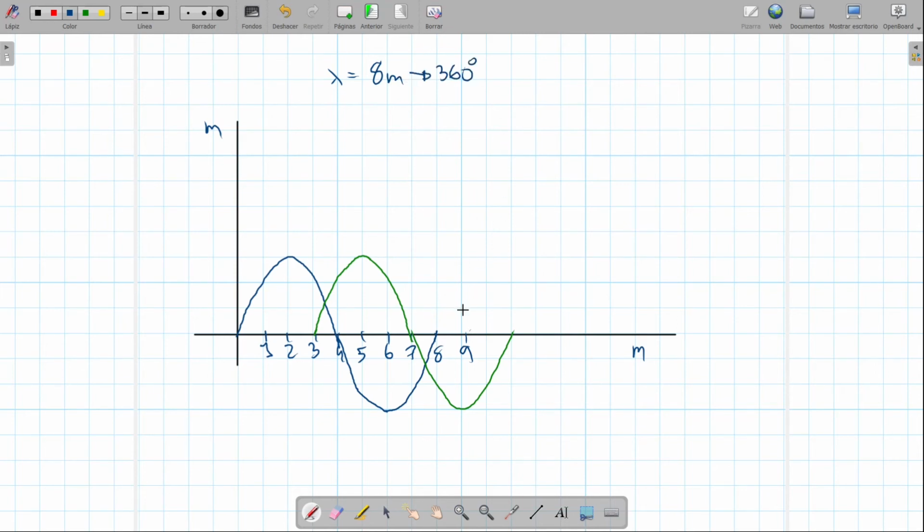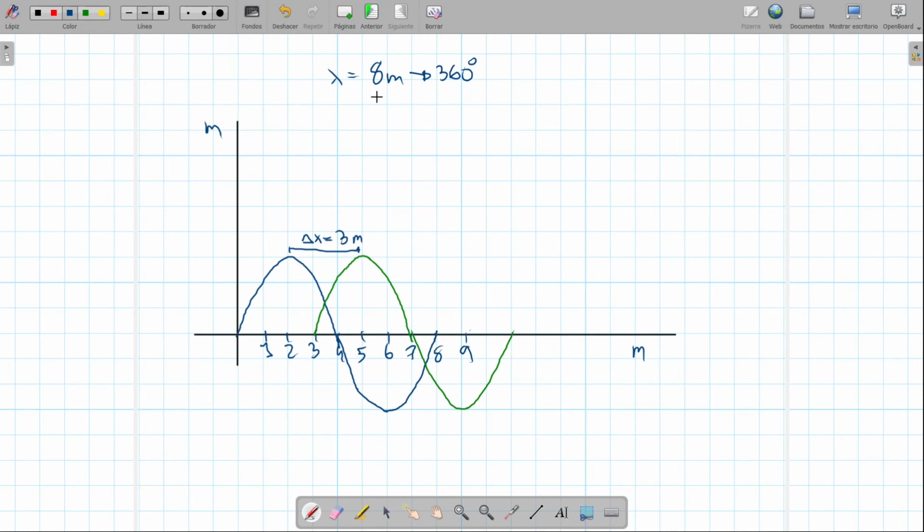Okay, so let's calculate now the distance here in meters. And that's going to be 5 minus 2, which is 3 meters. Okay, 5 minus 2 is 3 meters.